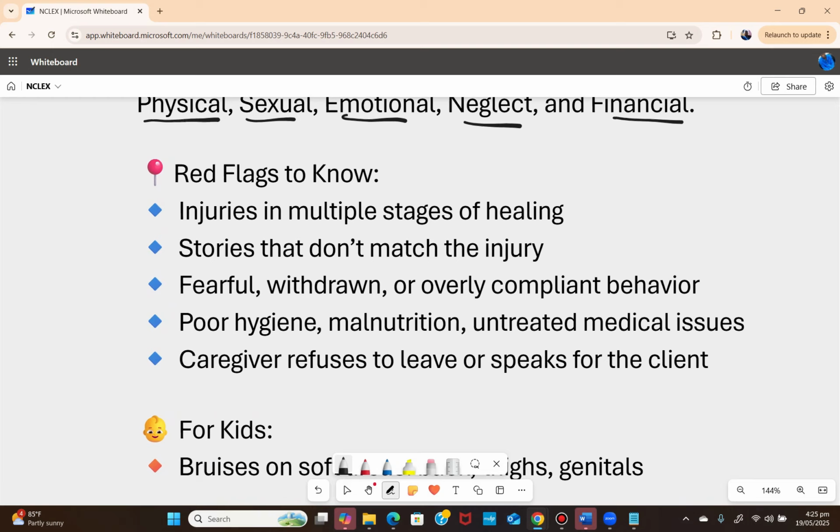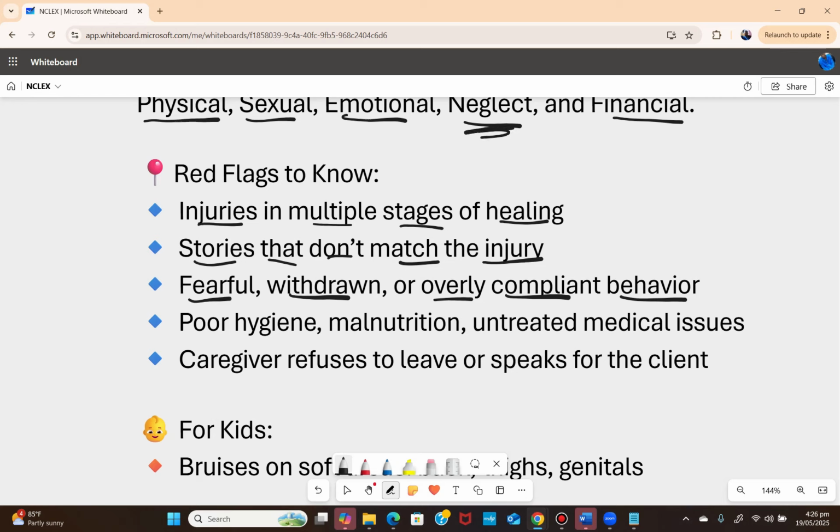The NCLEX can either say injury in multiple stages of healing, then you know, oh, that is abuse. Or the NCLEX can say stories that don't match the injury, that is a sign of abuse. Or the client is fearful, withdrawn, or shows overly compliant behavior, sign of abuse.